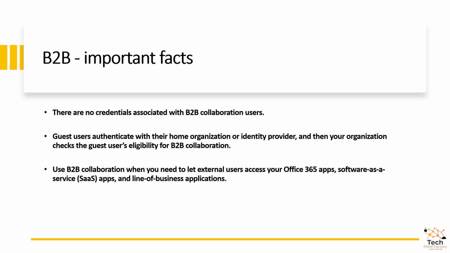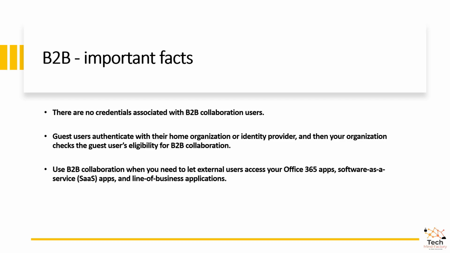And you can ask the question, okay Daniel, but what about the situation where this external user doesn't use an identity provider? What if this user is using, let's say, a Hotmail account? For such a scenario, Entra will send an OTP code to the user's mailbox, and the user will provide the code to complete the authentication.